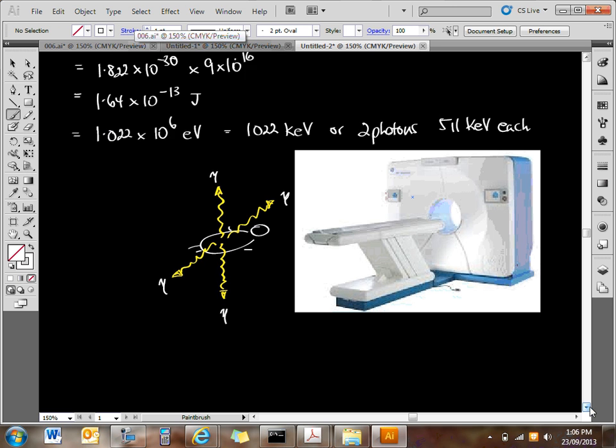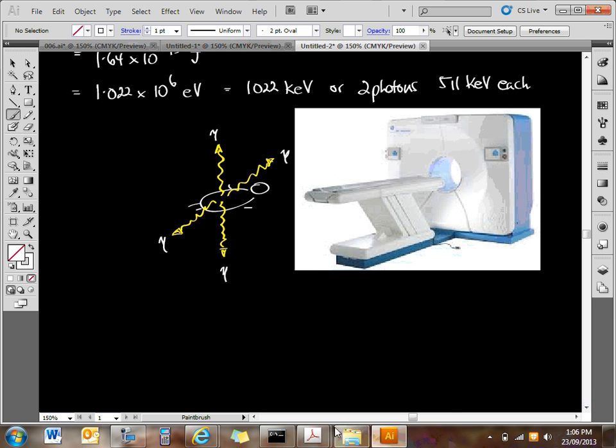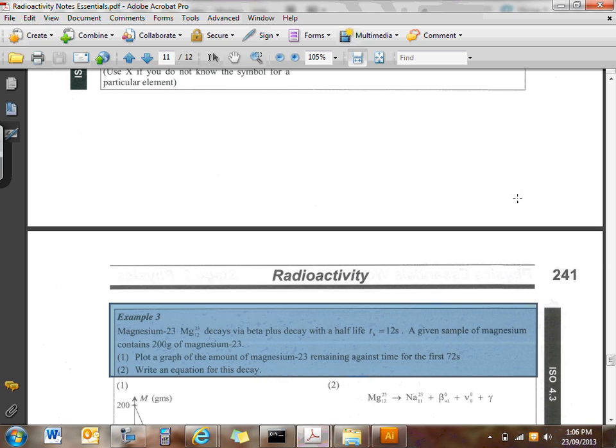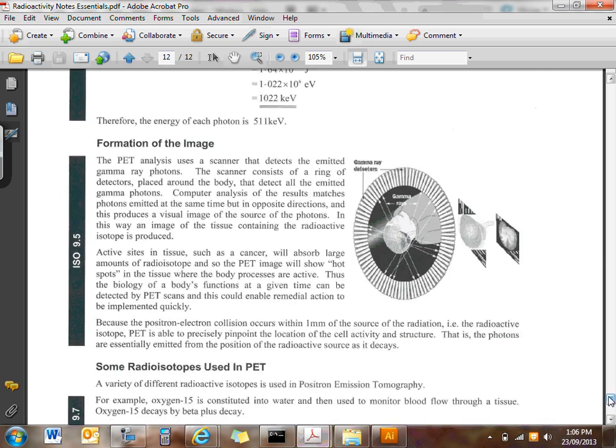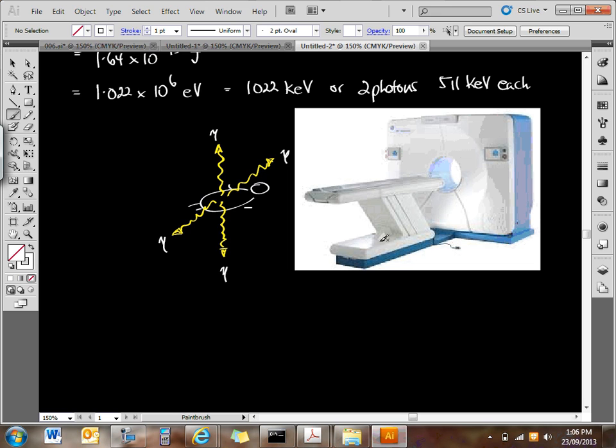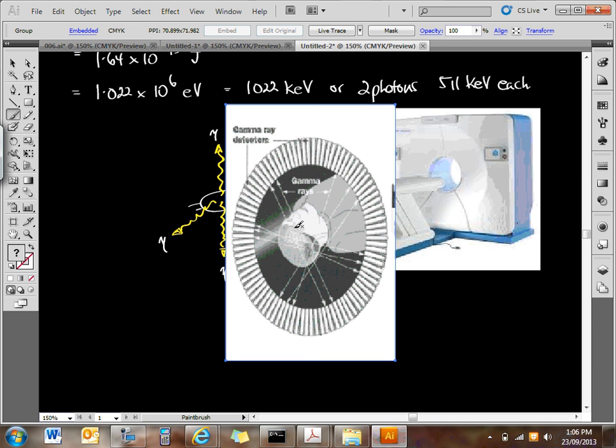Actually, I have another picture from the text, which is quite good, which I didn't use last time. So, gamma ray photons.